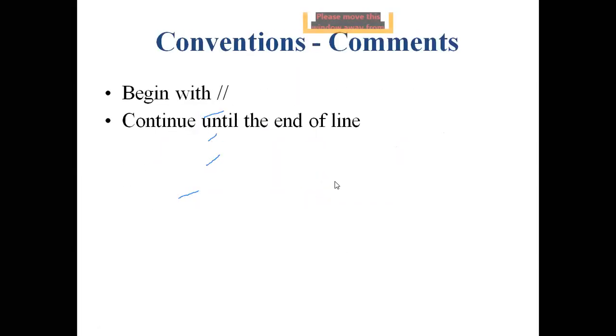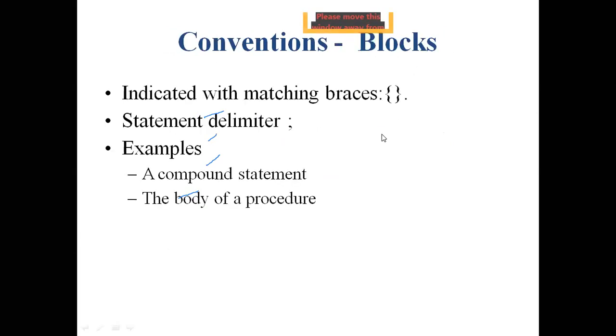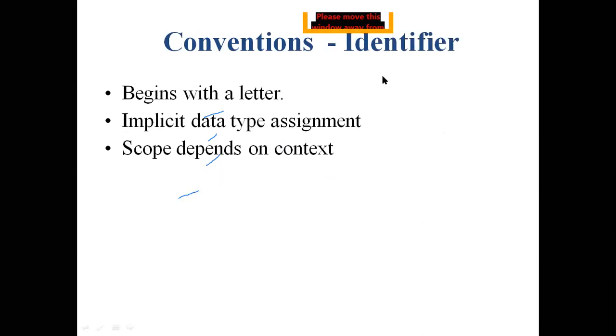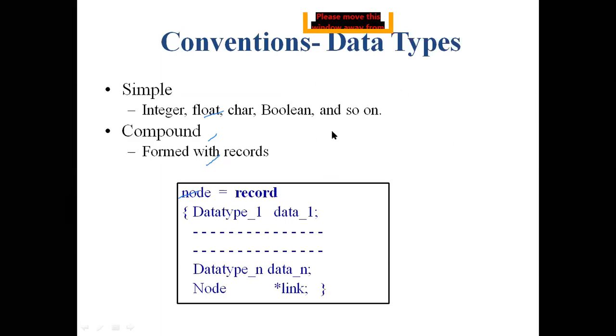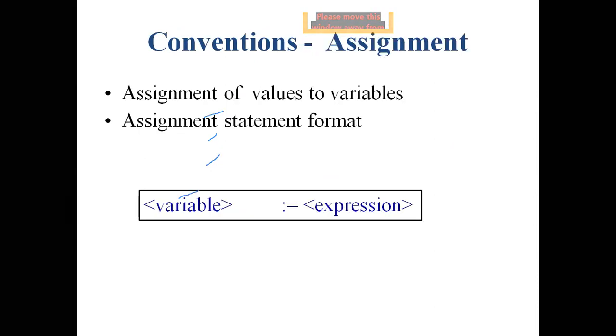See here: first one is comment, second is blocks with brackets, then identifiers. Then the data types represented in pseudocode: integer, float, char, boolean, and so on. Then the assignment operator.